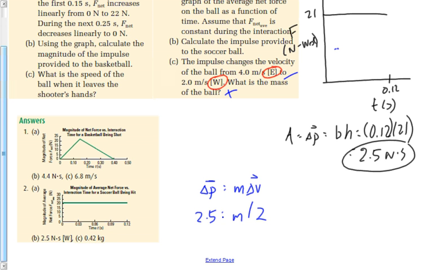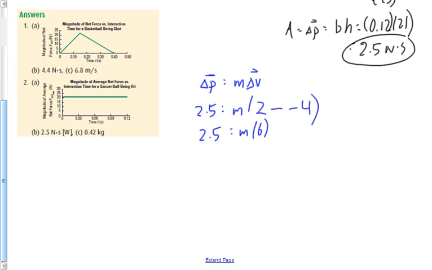If we wanted to make west negative down here, we would have had to make that a -2.5 because it would have been below the x-axis. 2 minus -4. 2.5 divided by 6. Should be 0.42 kilograms. Good.